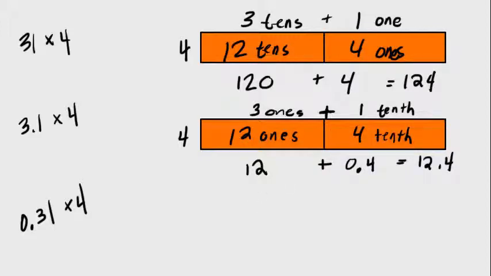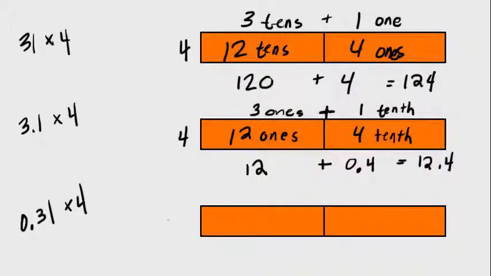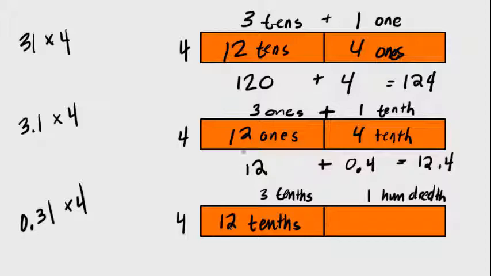And then when we do this last one, it's the same thing, except again, our decimal is slightly different. We have 3 tenths, okay, and 1 hundredth. And so when we get to our naming convention, again, it's 12 tenths. The consistency is the 12. The name changes based on the decimal. We should know that. And 4 hundredths. Okay.